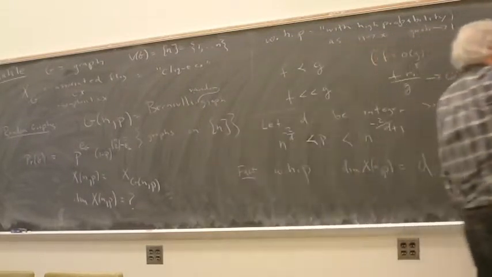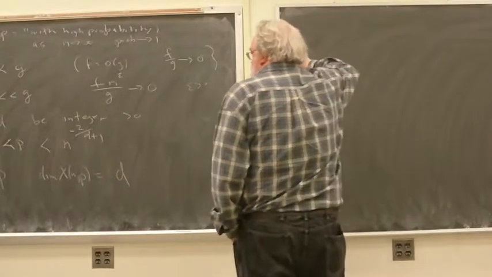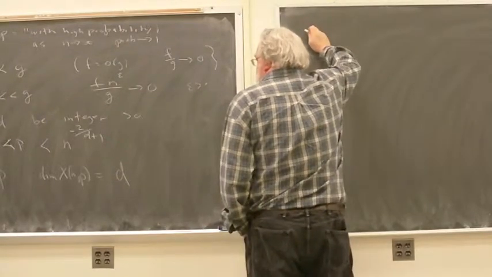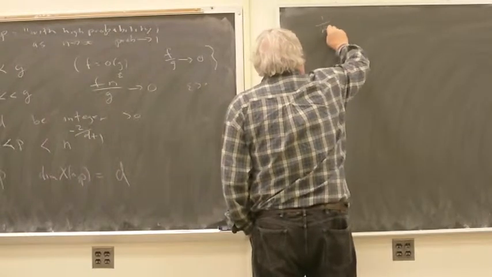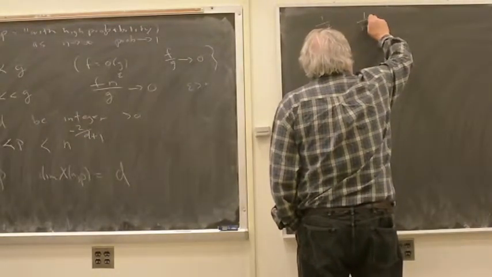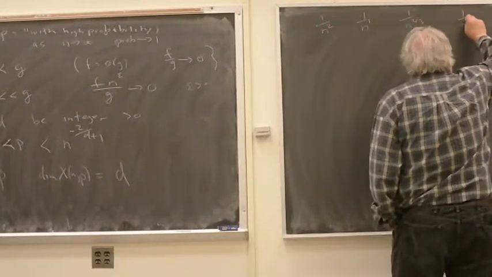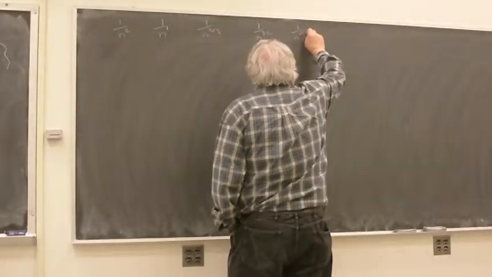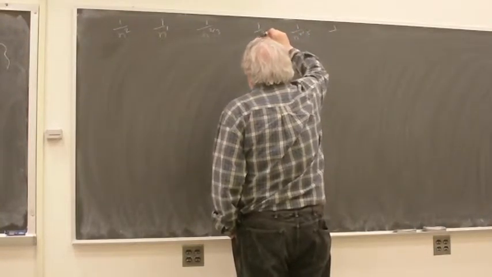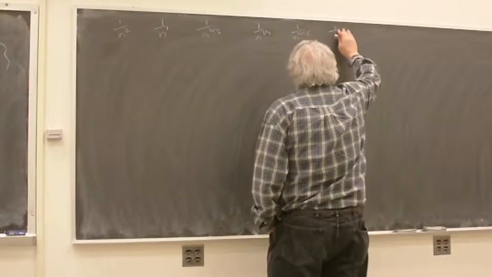So the range of things looks like 1 over n, 1 over n to the 2/3, 1 over n to the 3/4, 2/4 is 1/2, then 2/5, and then n to the 2/6 is 1/3.